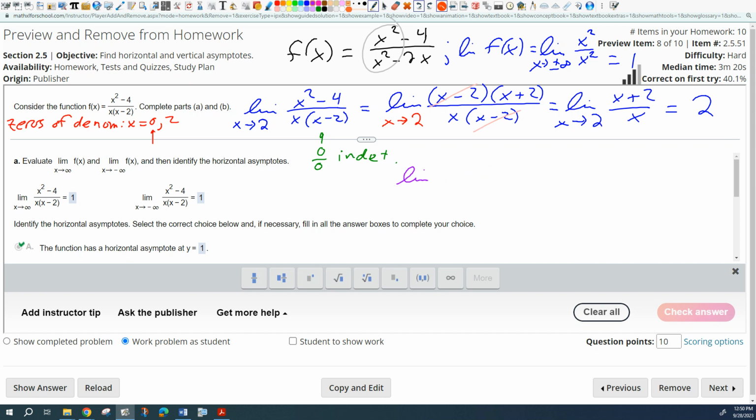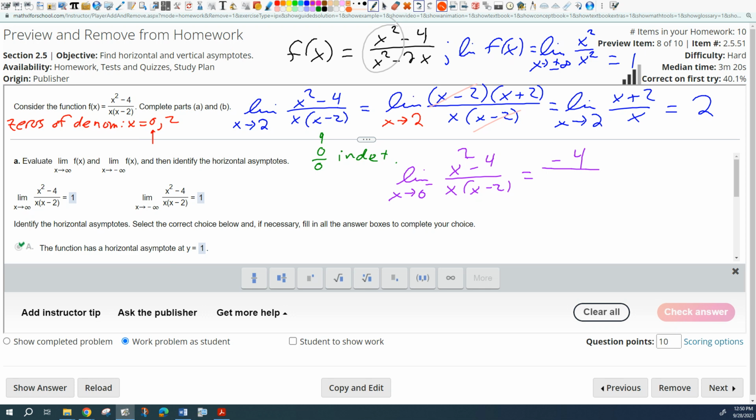The limit of my function, x squared minus 4 over x times x minus 2, as x approaches 0 from the left, is going to be what? On the top, we're going to get negative 4, right?